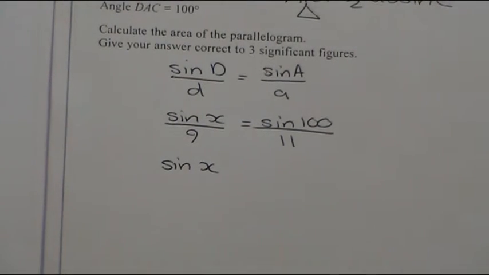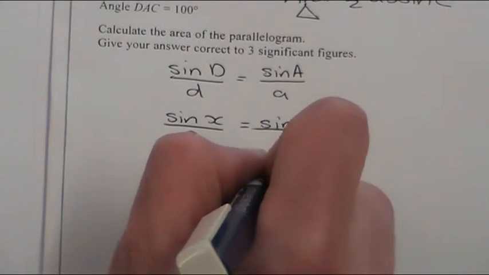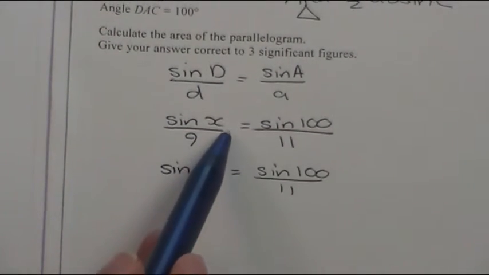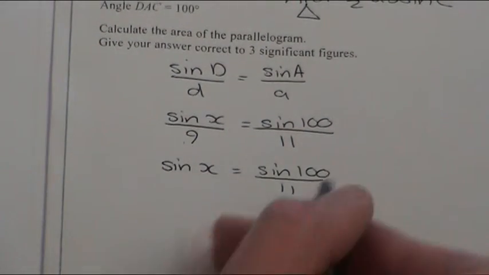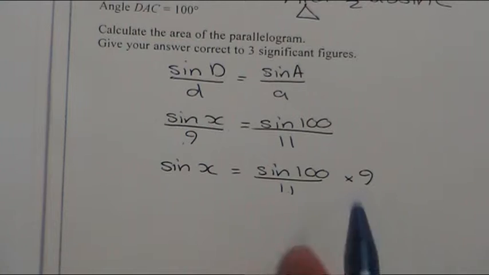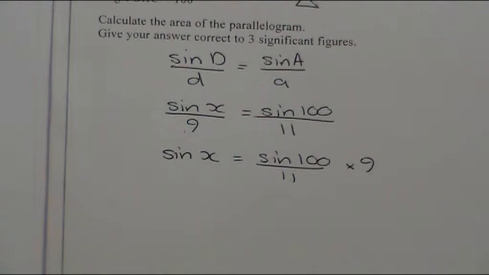So the sine of X is everything on this side, but if I want to get rid of this divide by 9, I have to multiply by 9. And so I don't make any mistakes on my calculator, I'm just going to type that bit in, press equals, and times it by 9. So sine 100, divide by 11, oh, didn't press that right, sorry.